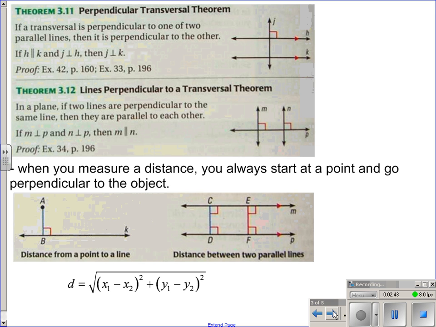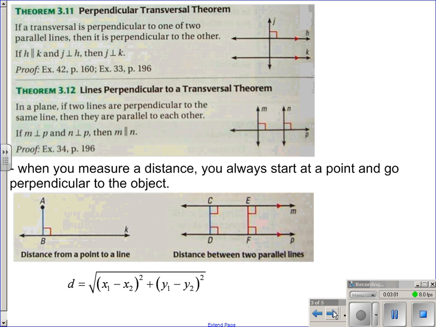All right, go ahead, hit pause, copy down theorem 3.11. This one says, if a transversal is perpendicular to one of two parallel lines, then it is perpendicular to the other parallel line.